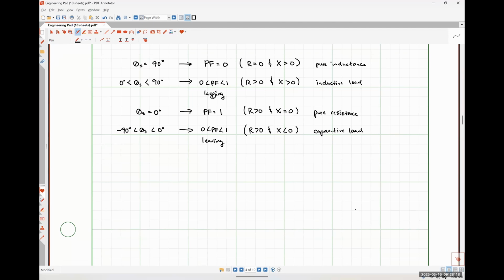And then lastly, we have the case where theta S is equal to -90 degrees. And so this gives us a power factor exactly equal to 0. So this is where R is 0 and our reactance is negative, or a pure capacitance.